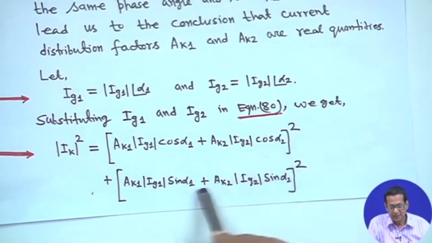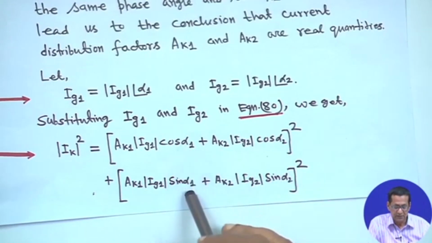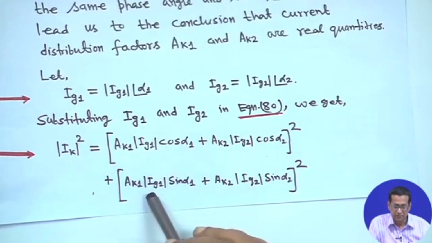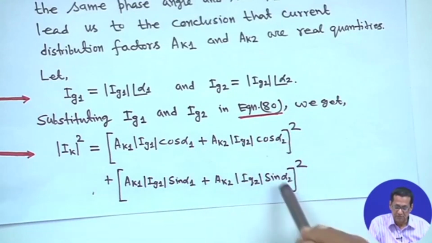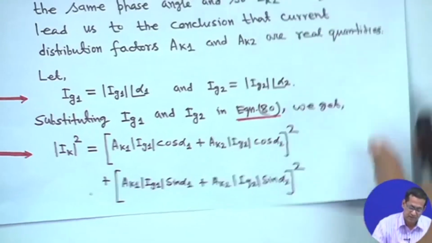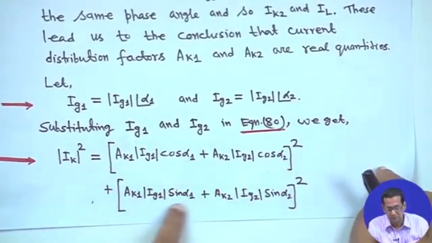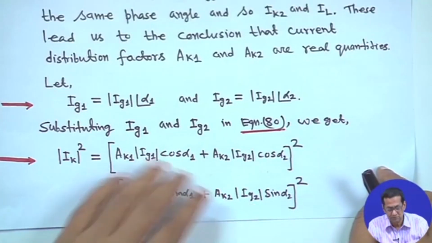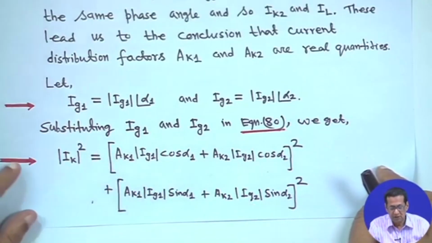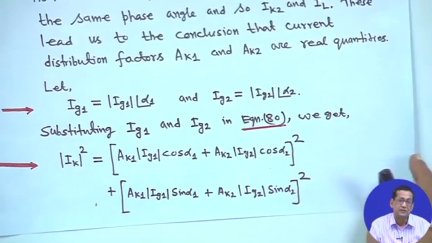Then you expand it, and sin squared alpha 1 plus cosine squared alpha 1 will be 1. Similarly, cos squared alpha 2 plus sin squared alpha 2 is 1. Then there are the cross terms, 2 times cosine alpha 1 cosine alpha 2 and 2 times sin alpha 1 sin alpha 2, which combine into cosine of alpha 1 minus alpha 2.